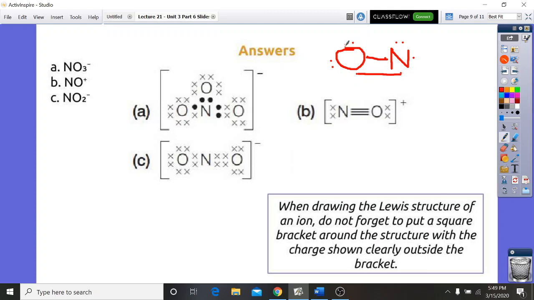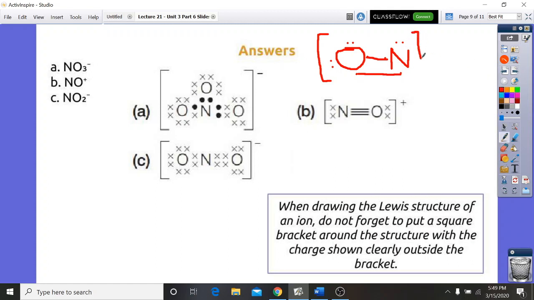Oxygen now has 1, 2, 3, 4, 5, 6, 7, 8. Nitrogen has 1, 2, 3, 4, 5, 6, 7. The molecule says that it has a plus charge. So what we're going to do is take away an electron, and I'm going to choose to take away that one since nitrogen is the one that I have incomplete so far.